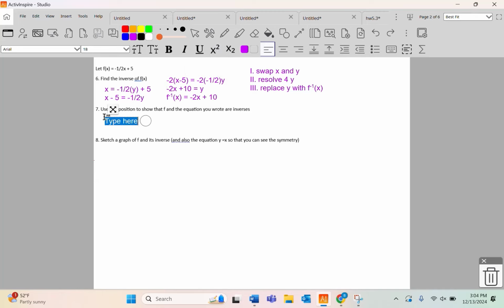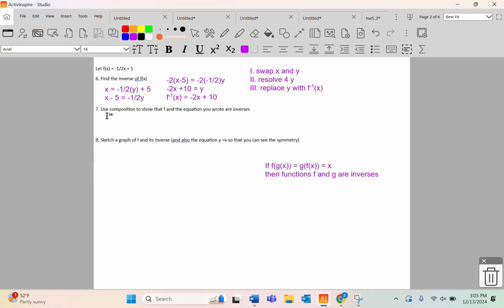Use composition to show that f and the equation that you wrote are inverses. So there's a rule on this for looking at number 7. It says if f of g of x is equal to g of f of x, and it's equal to x, then functions f and g are in fact inverses.